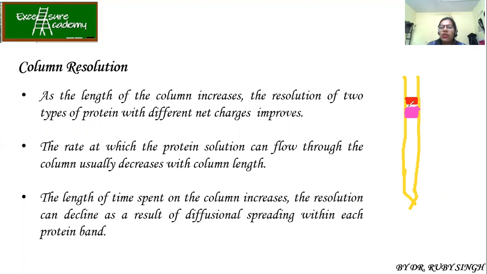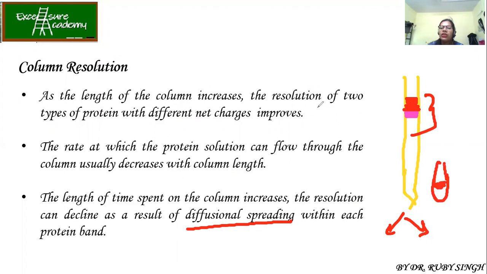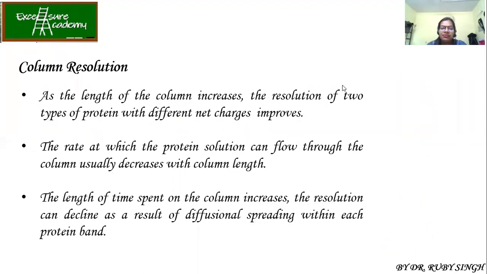Because of which, what will happen? They get mixed. So here it gets diffused and starts spreading. Finally, I am not going to get the separate proteins. In my test tube sample, I'll have both the proteins, which is not required, right? Because I'm doing a separation chromatographic technique. I don't want to mix up my proteins. I hope this is clear.